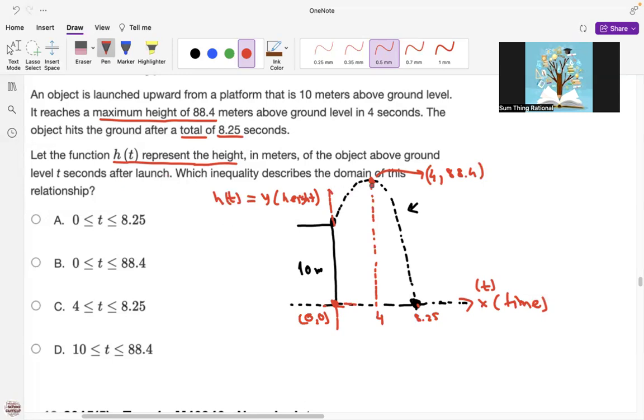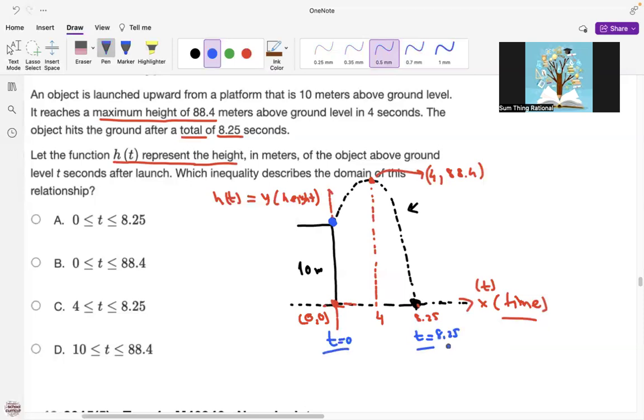Which inequality describes the domain of this relationship? Domain means possible x values. In this case, the domain is related to time, meaning how long the object stays in the air. When the object is launched, t was 0. When the object hit the ground, t became 8.25.